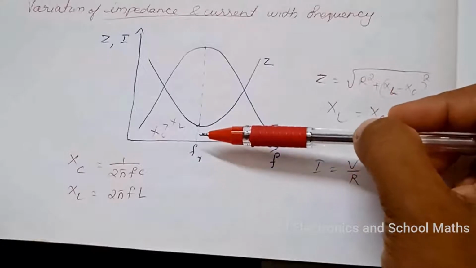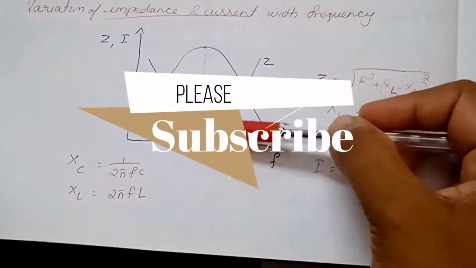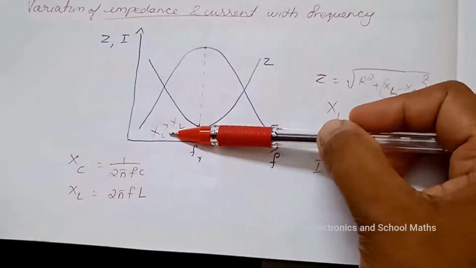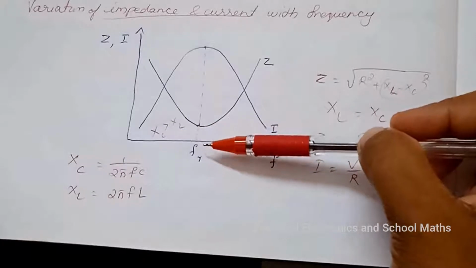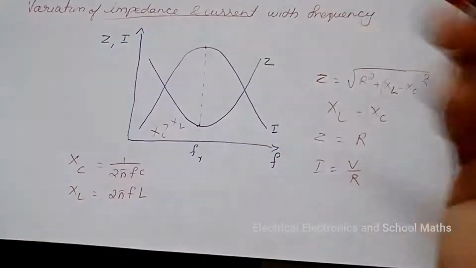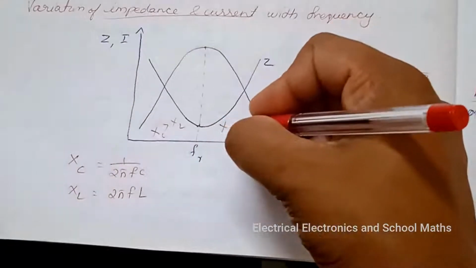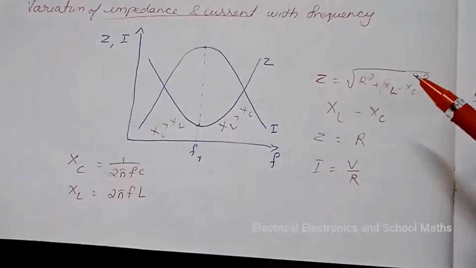When the frequency is lower than the frequency of resonance, the capacitive reactance is greater than the inductive reactance, and when the frequency is higher than the resonant frequency, the inductive reactance is greater than the capacitive reactance.